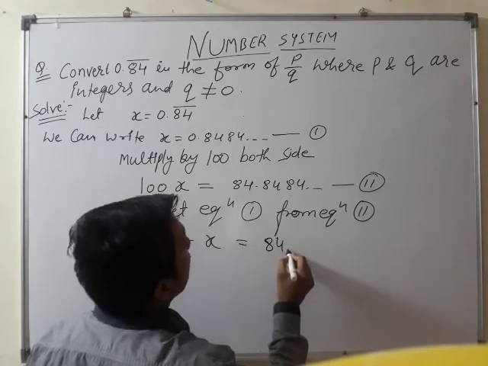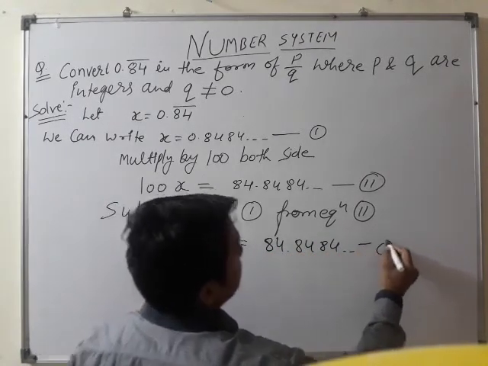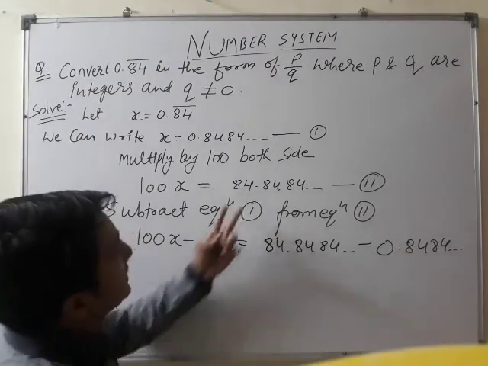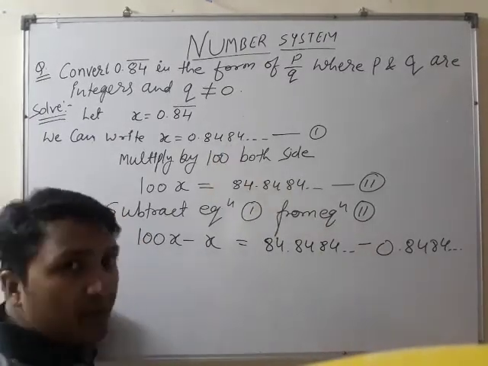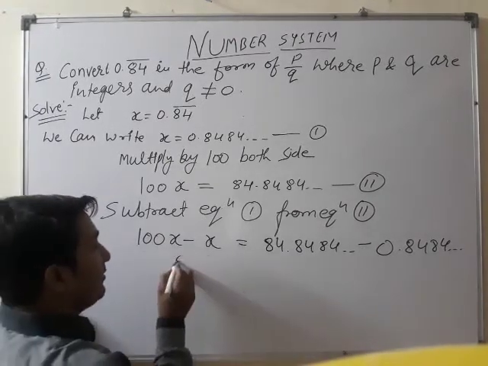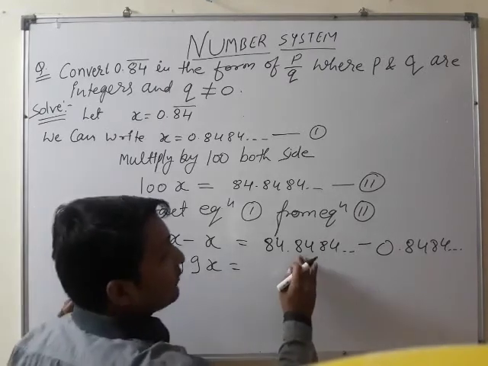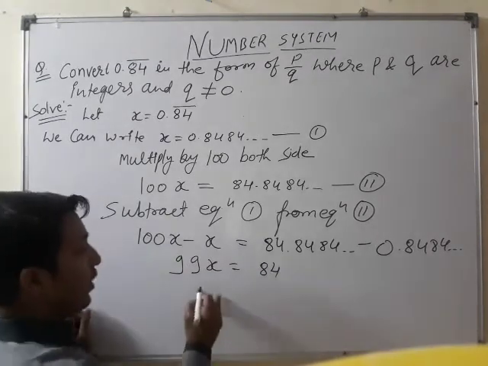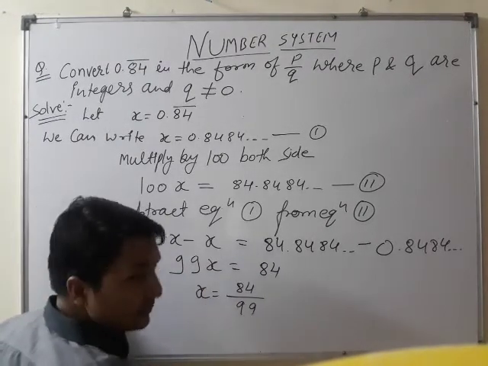So 84.8484 minus 0.8484. You can ask, sir, how can 0.8484 come? Because 84 is a repeating number, so we can write it so many times. Now 100x minus x will be 99x, and on this side 84 will be subtracted, so it will become 84 only. Now x is equal to 84 upon 99.